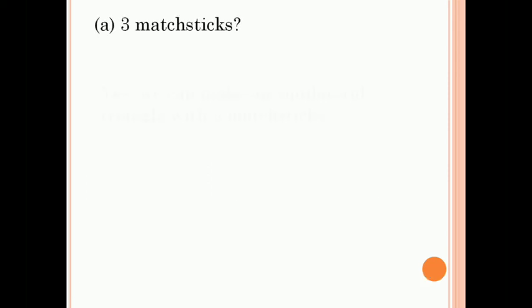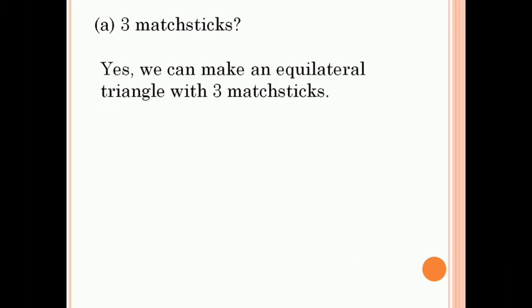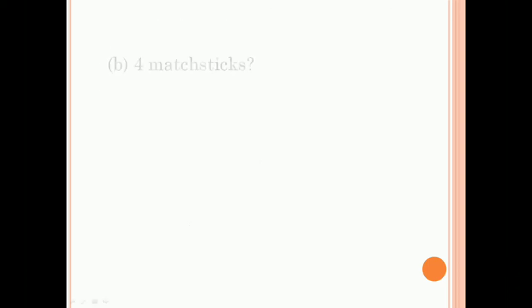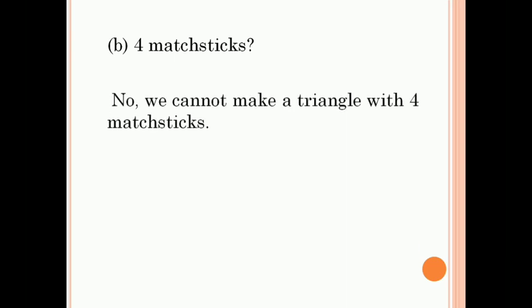A. 3 matchsticks? Yes, we can make an equilateral triangle with 3 matchsticks this way. Dear students, take 3 matchsticks and by using glue you can stick them in your notebook. 4 matchsticks? No, we cannot make a triangle with 4 matchsticks because a triangle has 3 sides. 5 matchsticks?